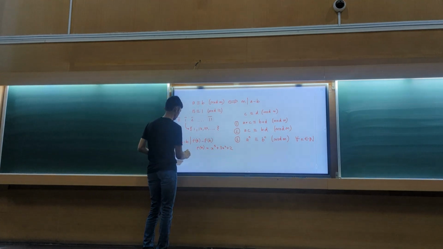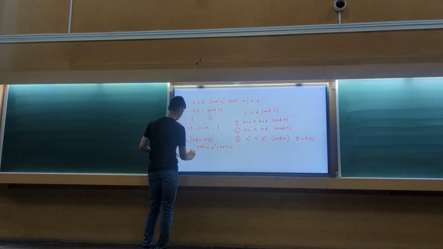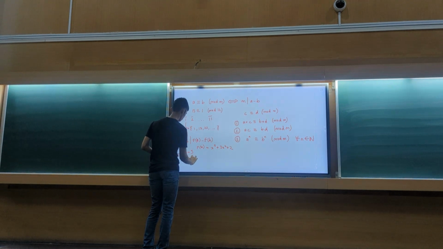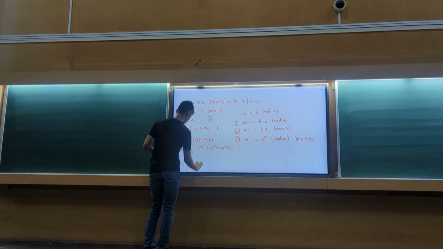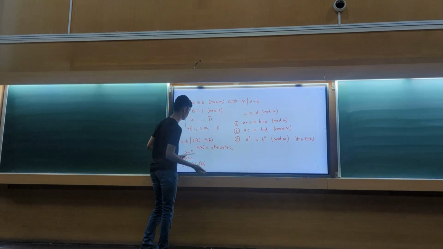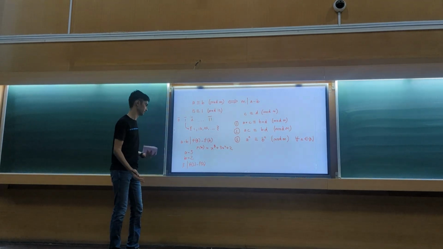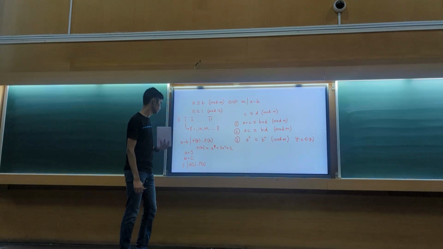And suppose you take a equals 5, b equals 2, then 3 divides f of 5 minus f of 2. You can check it.